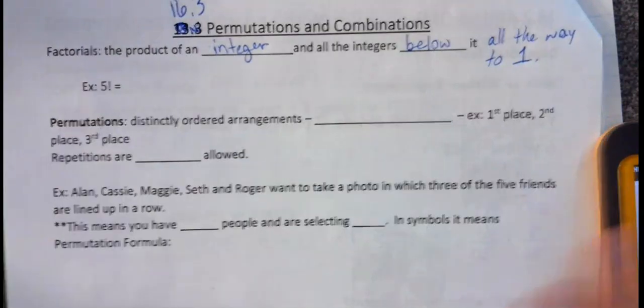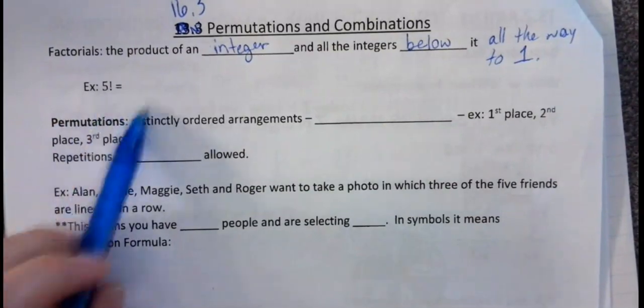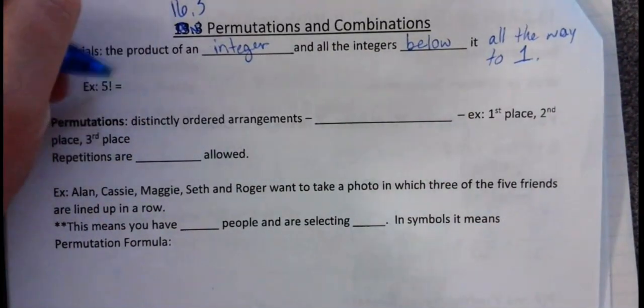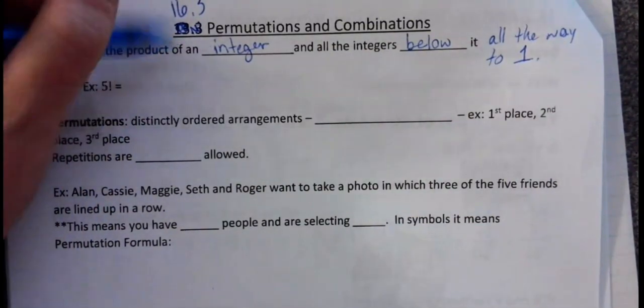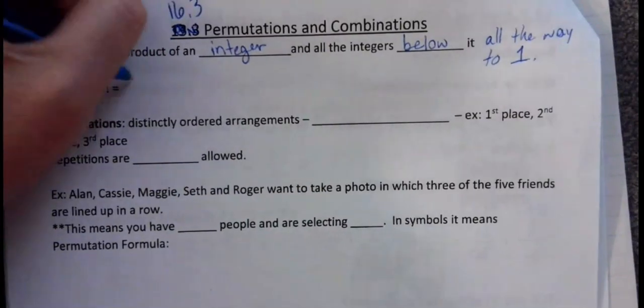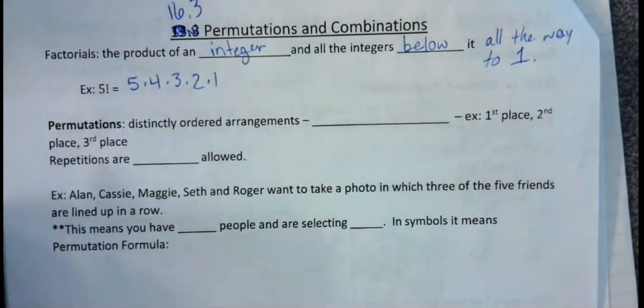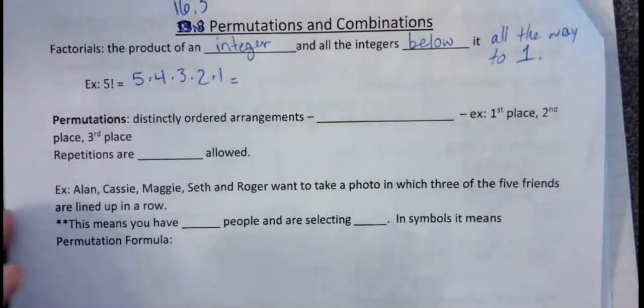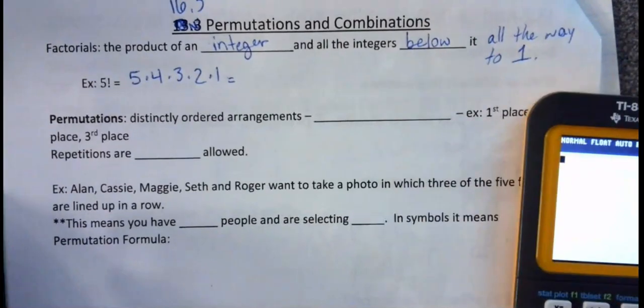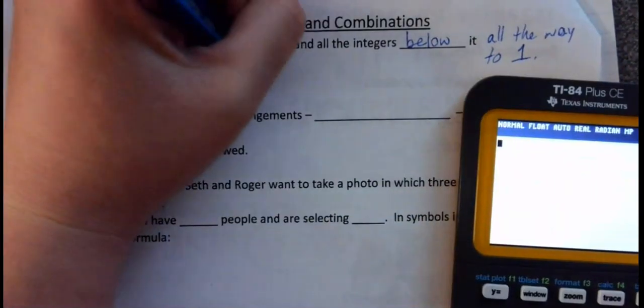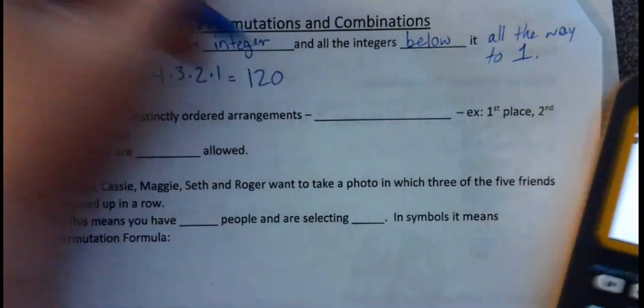There are lots of different words for that meaning. But yes, it means multiply that integer and all the ones below it. So this would be 5 times 4 times 3 times 2 times 1, and that's going to be 120 for that factorial.